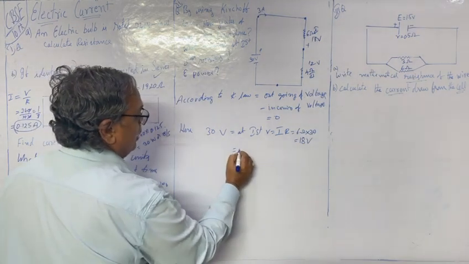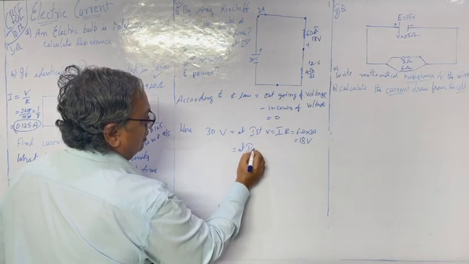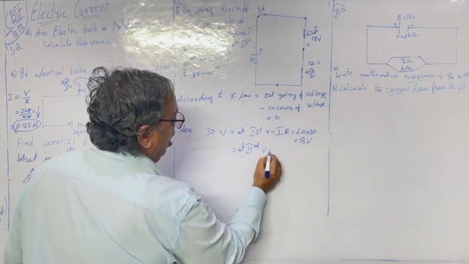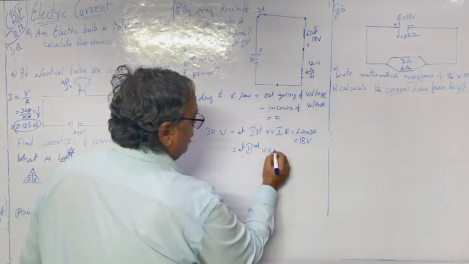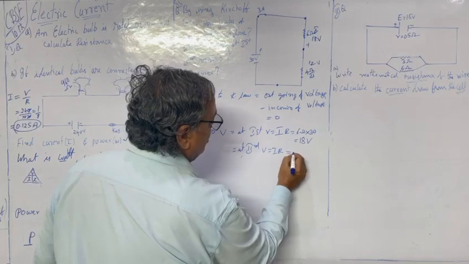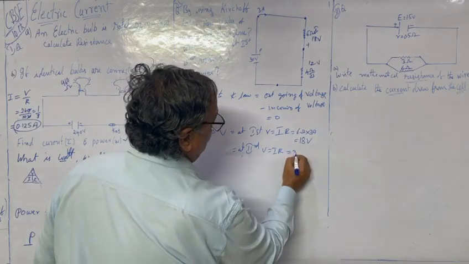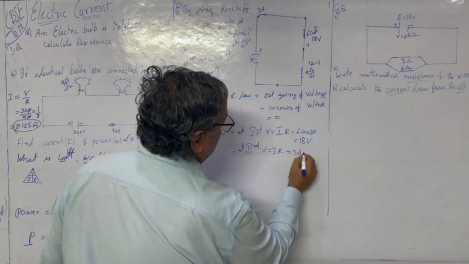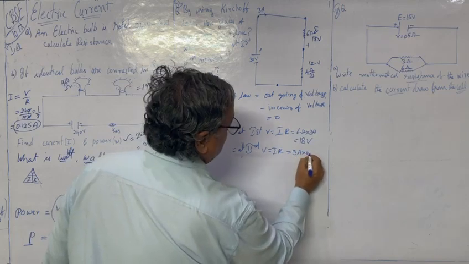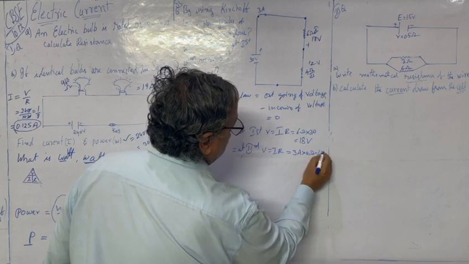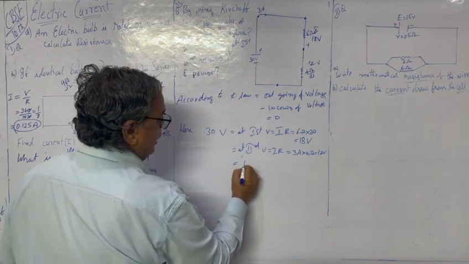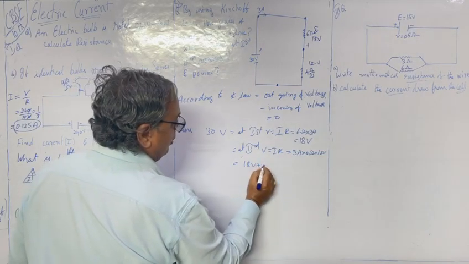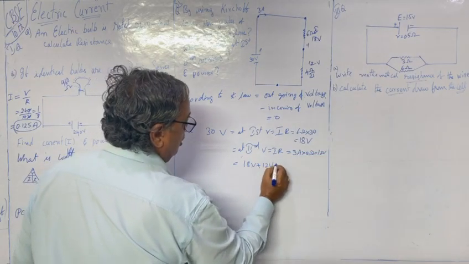Next, at the second resistor, V is equal to IR, which is 3 amps into 4 ohms, equal to 12 volts. Therefore, 18 volts plus 12 volts is equal to 30 volts.